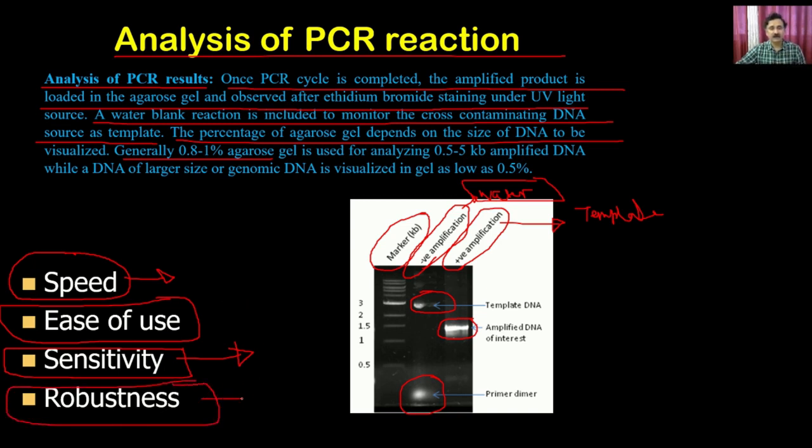Because of all these properties, people are using PCR very extensively, not only for cloning purposes but also for diagnostic purposes, because if you have a very small amount of DNA of an infectious organism, even then you can do the amplification with the help of the primers, and you can detect it.